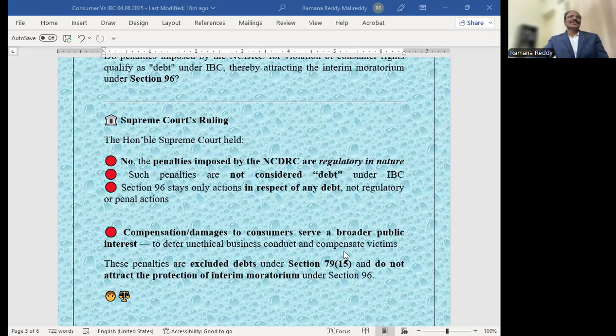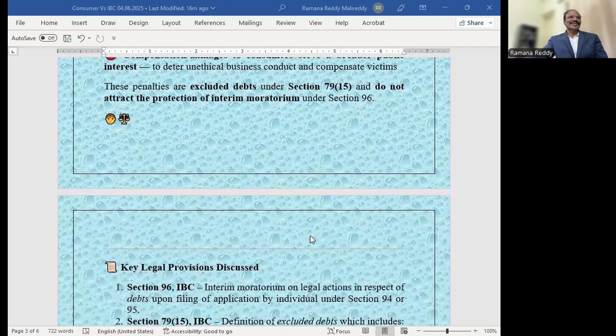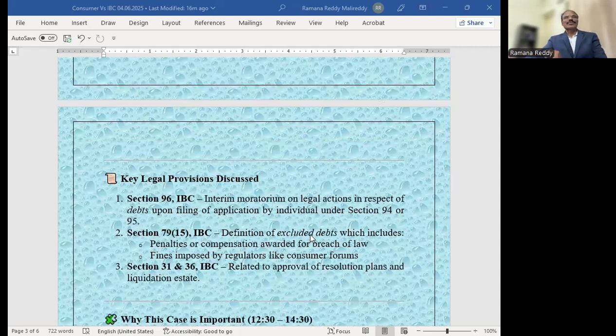This is what the Supreme Court held. So the key legal provisions discussed here: Section 96 of the IBC, interim moratorium on legal actions in respect of debt upon filing of an application by an individual under Section 94 or Section 95.